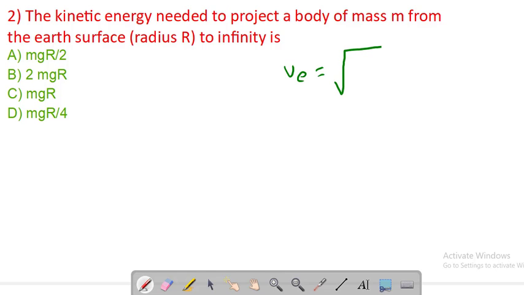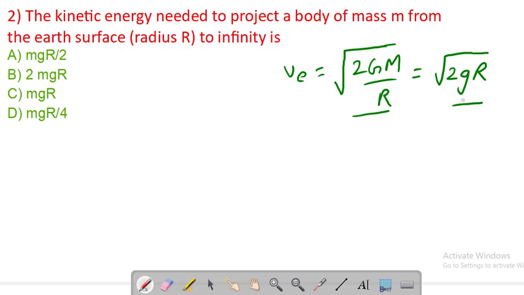One is root of 2GM upon r, and another expression is root of 2gr. Escape velocity can be given by either equation. I have written both because in the answer we must see what is given. Here it is given in terms of small g, so we have to use this equation.